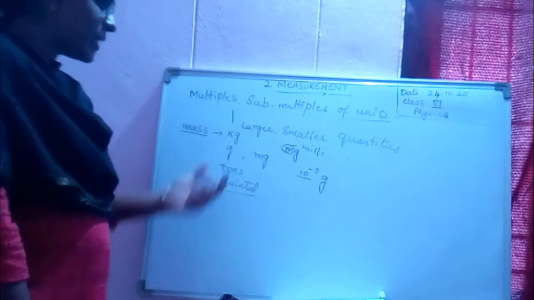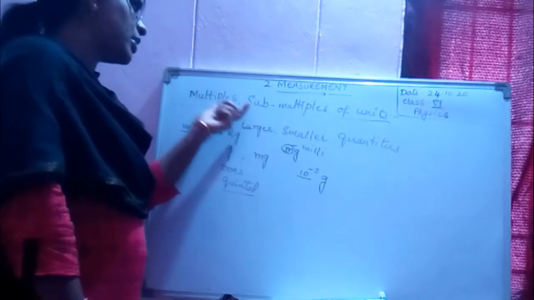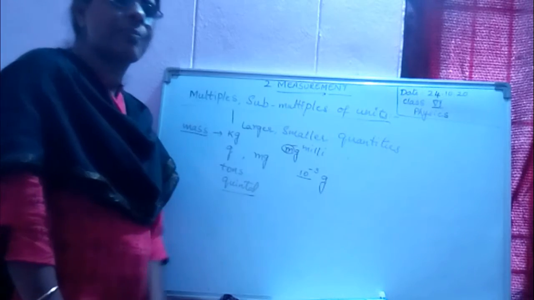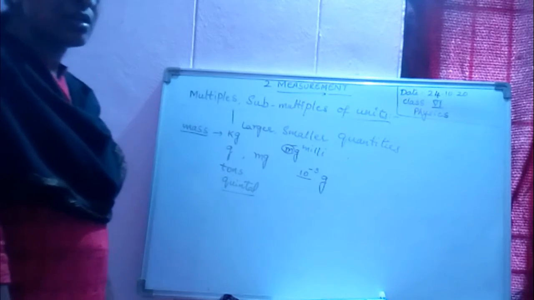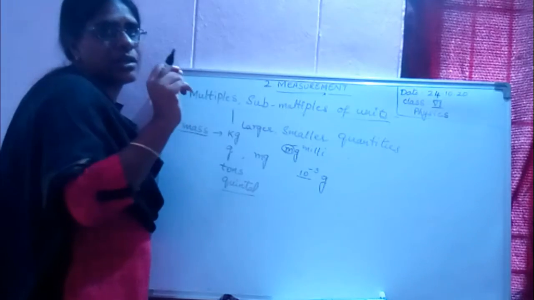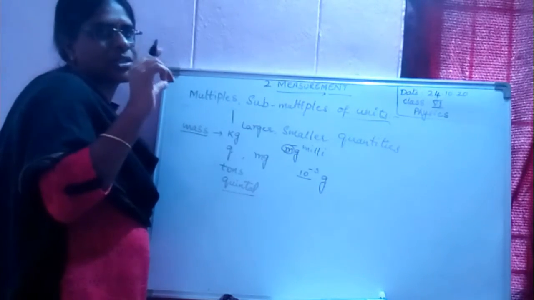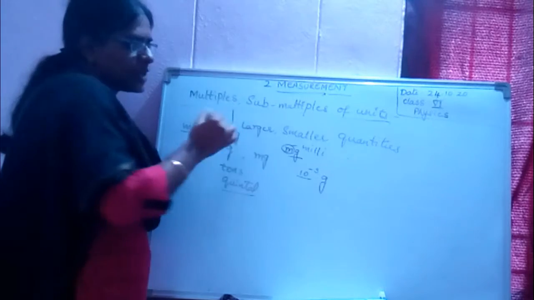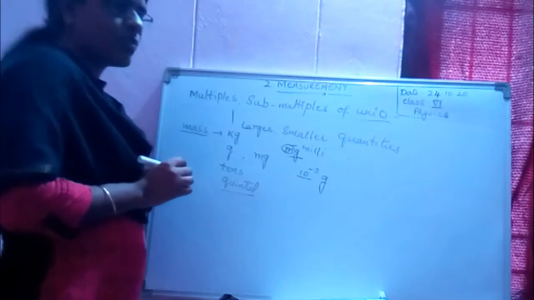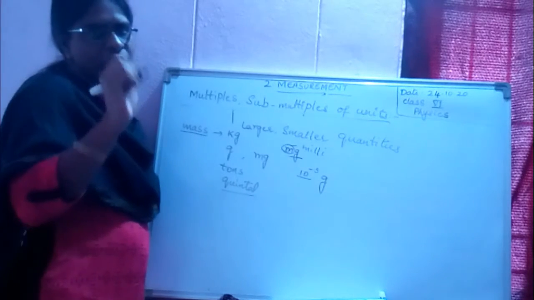In order to measure smaller and larger quantities, we will use these multiples and submultiples. On the strip of a tablet, mg will be written. You can see at your home, any tablets, zinc 10 mg, 5 mg will be there.